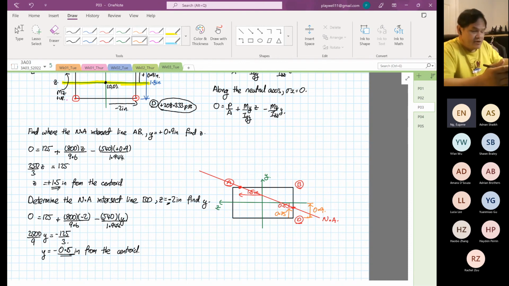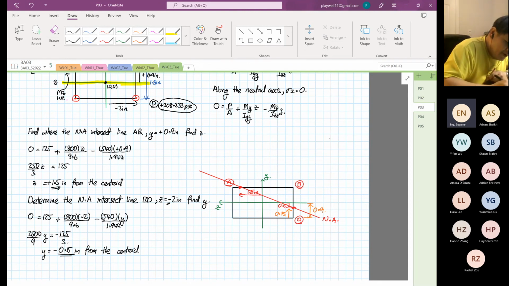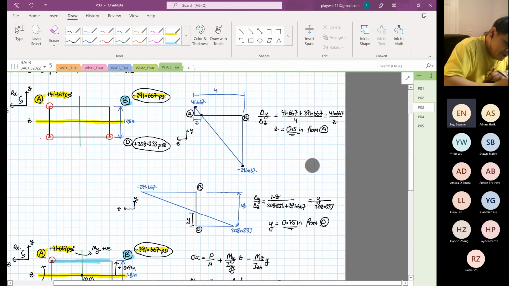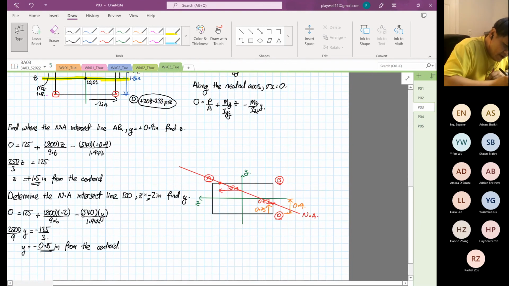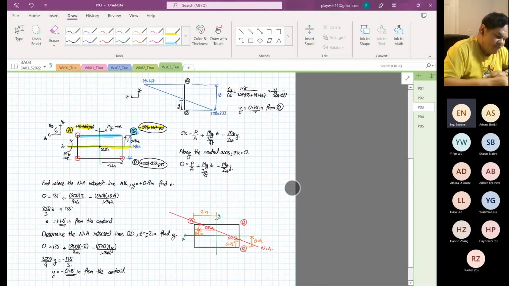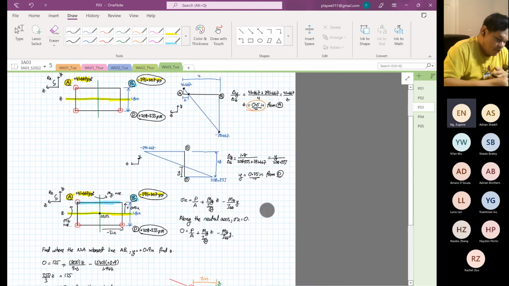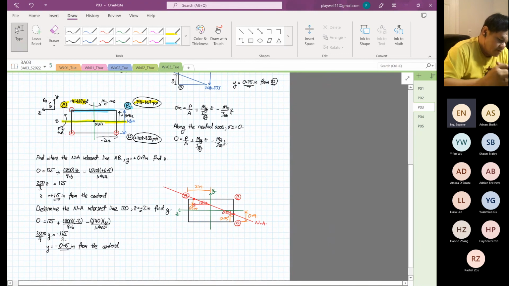One is relative to the centroid, the other one is relative to a point that we define. And then if we were to use our simple method again, it is 0.5 down here, right? And we calculate that from here to here is also 0.5 inches. And it's the same point, because this is equal to what? 2 inches. Okay. So if you use both methods, the answer will be the same. Both are exactly at the same point.